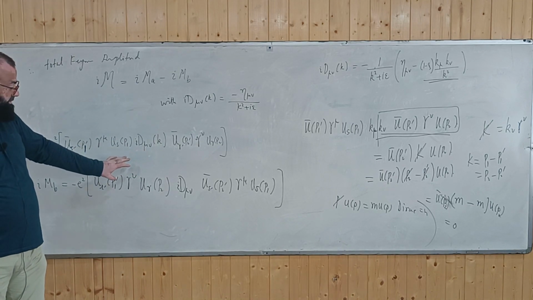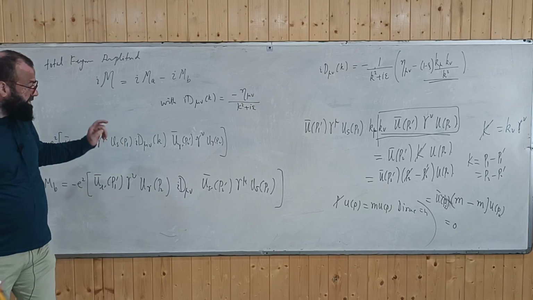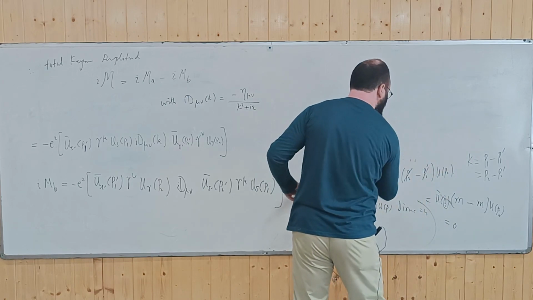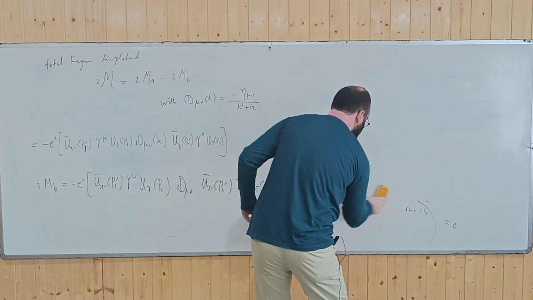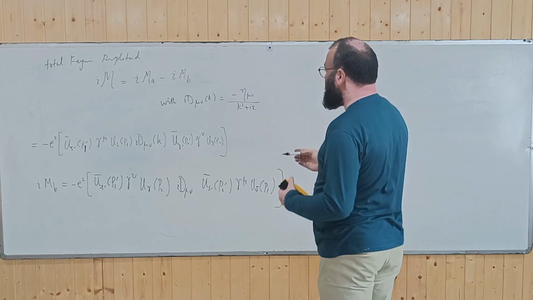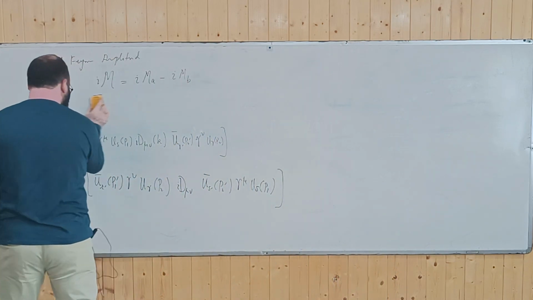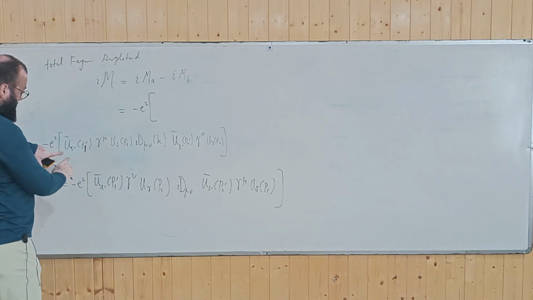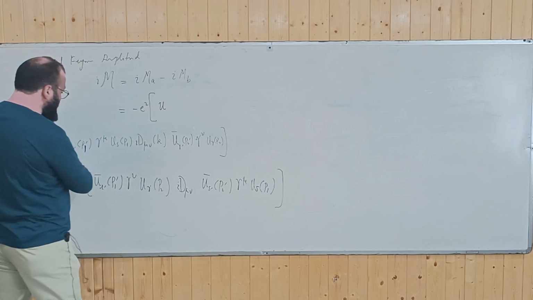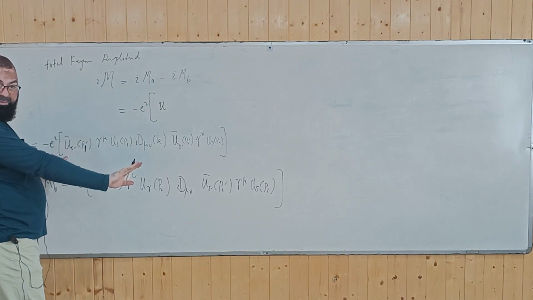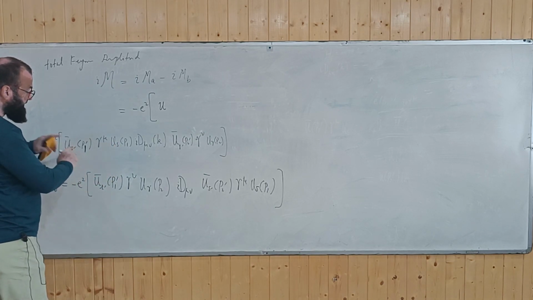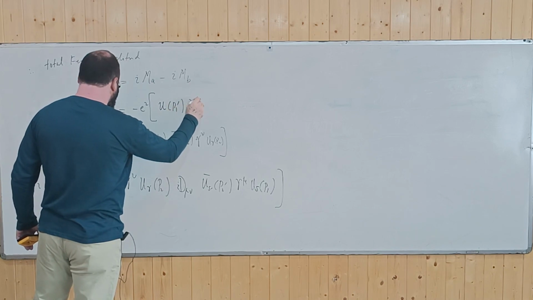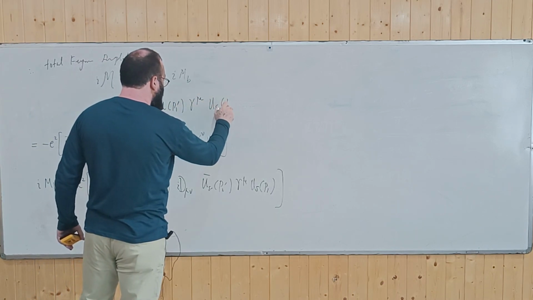Understood? So let's go a little bit further and complete this. It is equal to minus e square, which you can put out. So you are having u bar, and forget about spin for the time being, only write the momentum. So it's u bar p1 prime, then gamma mu u p1.